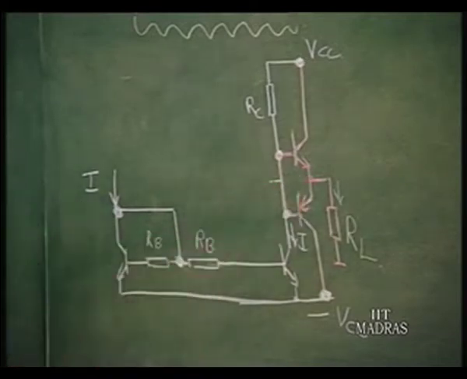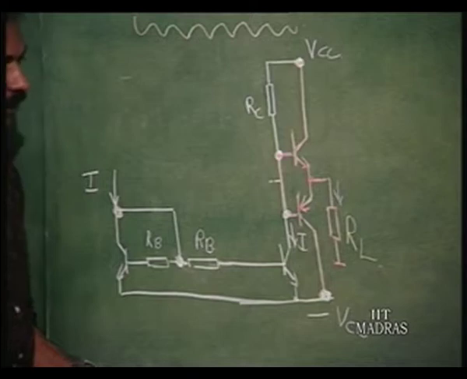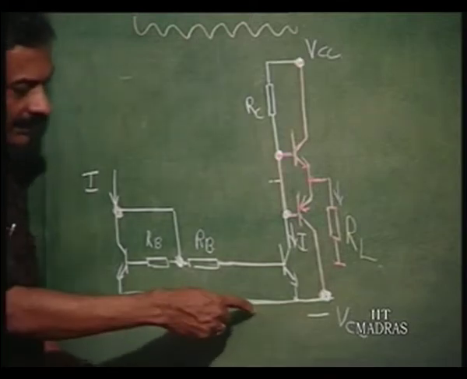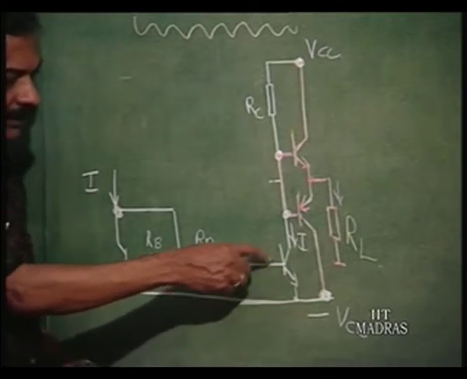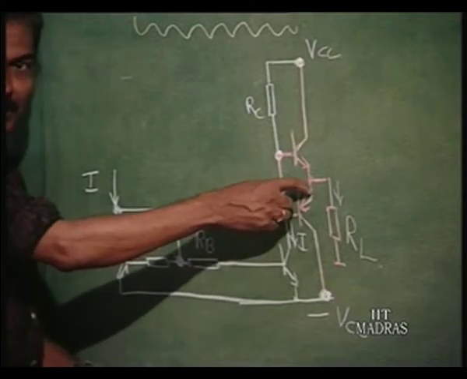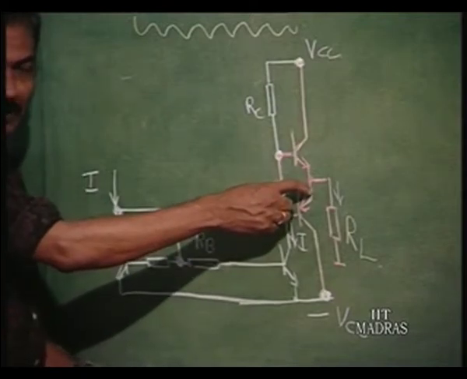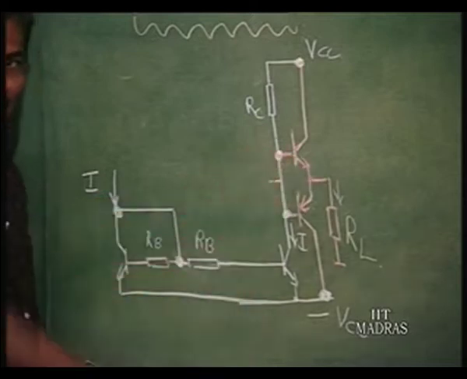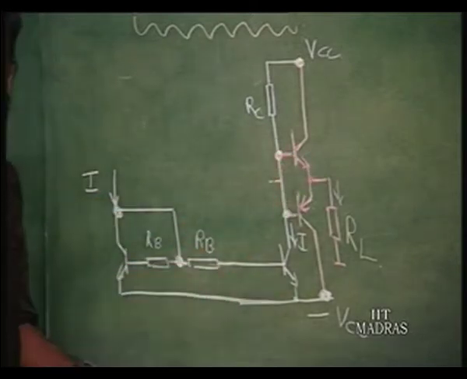In fact, minus VCC, there is plus V gamma here and another V gamma, minus VCC plus 2 V gamma on this side, VCC minus V gamma on the other side. So that this is capable of giving pretty full output swing.